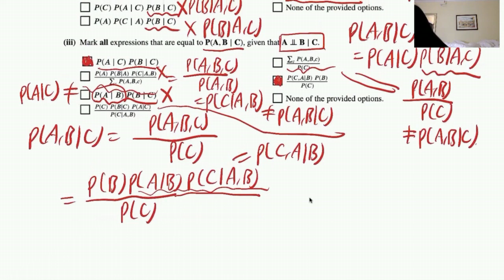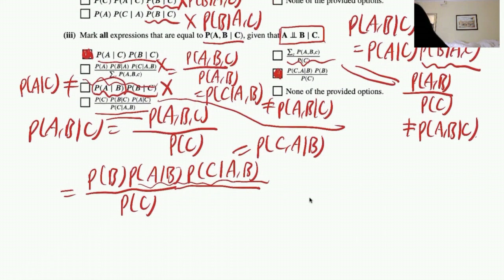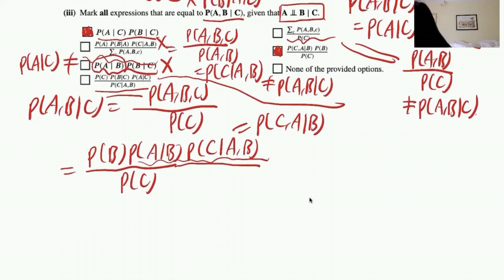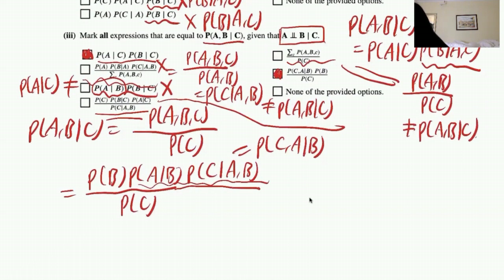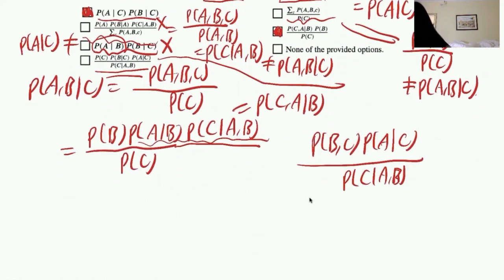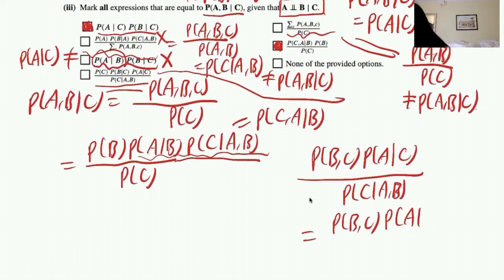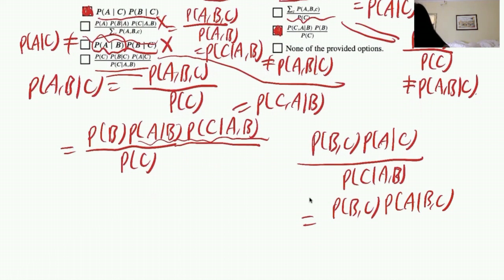Finally, to verify the last term, if we do some computation, it is the probability of BC... according to the conditional independence, the probability of A given C is the same as the probability of A given BC.